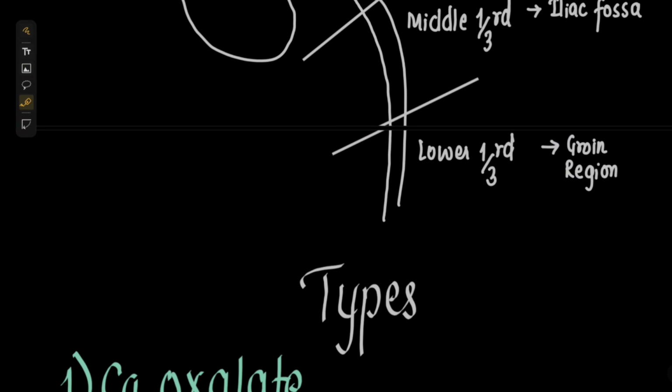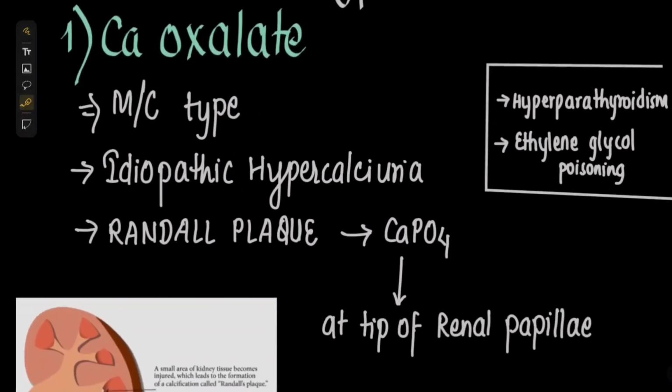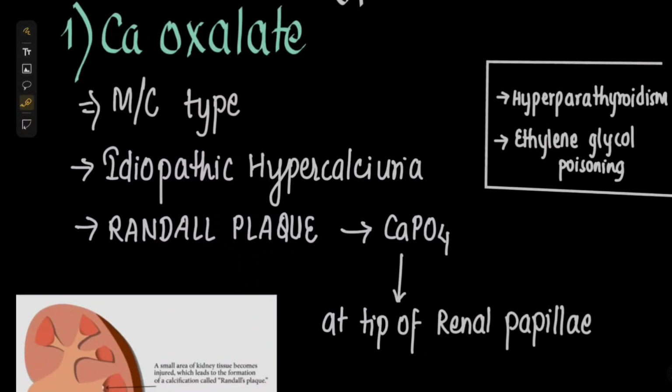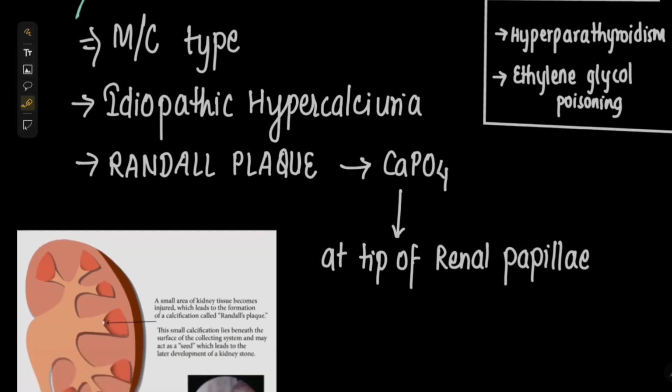Renal stones are of different types. The first and most common type of the renal stone is calcium oxalate stone. Calcium oxalate stone is formed due to numerous reasons, and the most important reason is hyperparathyroidism. Another reason behind the calcium oxalate stone is idiopathic hypercalciuria.